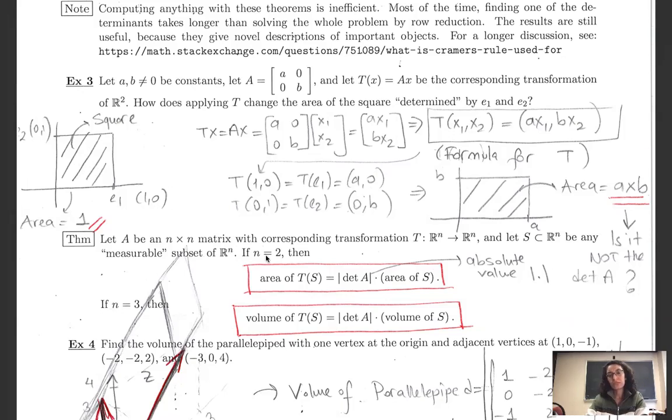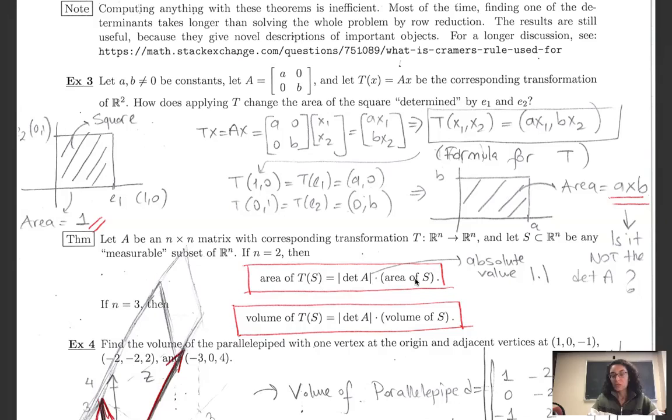And in the special case, if n is 2, I mean, if you are working in R2, then you always talk about the area. Then the area of the image of your region S under this T will be equal to the absolute value of the determinant of A, which is the standard matrix of T, times the area of your original region.